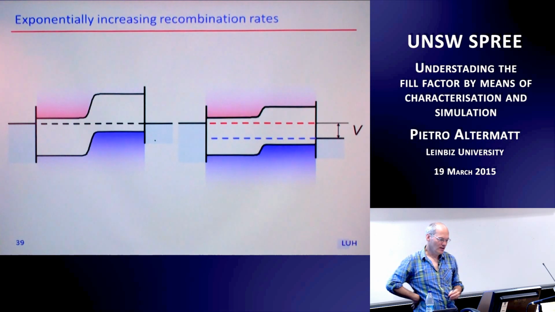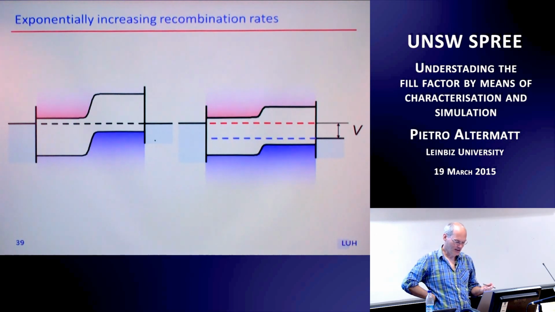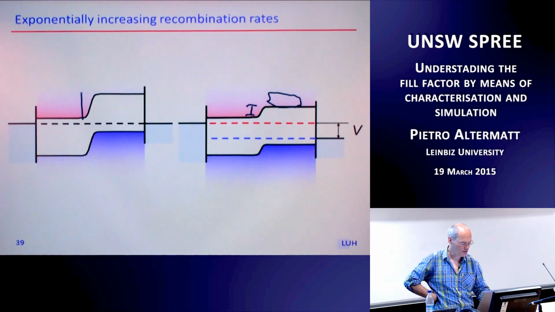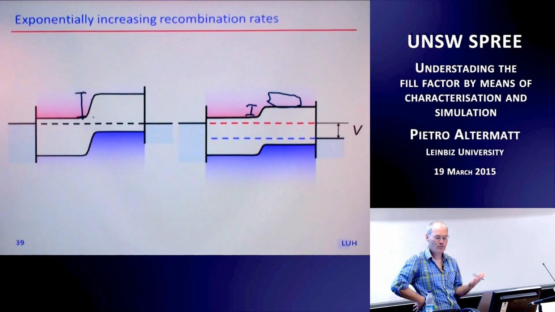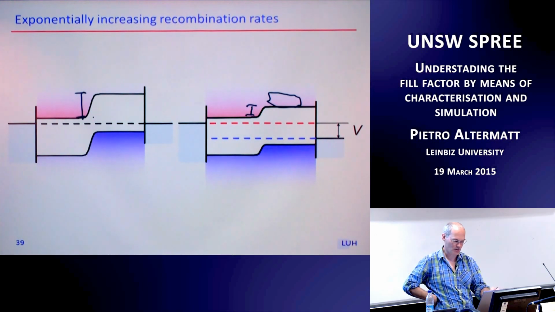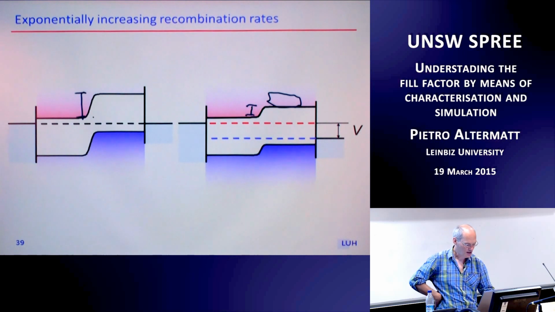So when you look at the dark again and you apply a bias, you see that the minority carrier density increases exponentially with lowering the barrier height across the p-n junction because of the Boltzmann factor. The darkness of red shows you there are many electrons and just a few electrons higher up in energy, and the same for holes.